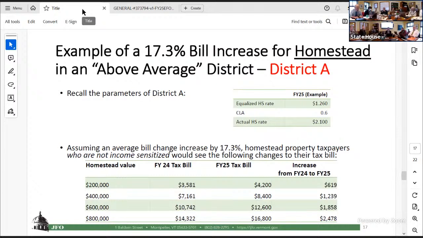So there are folks who receive a property tax credit who in turn have a little bit higher liability, or a much higher liability, to ensure that the property tax credit is fully funded.